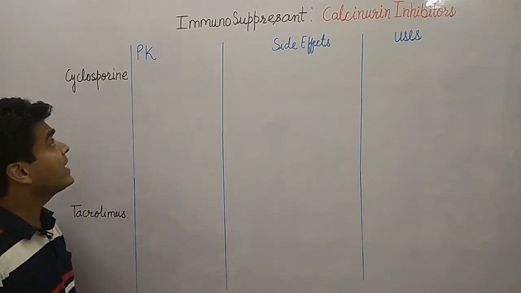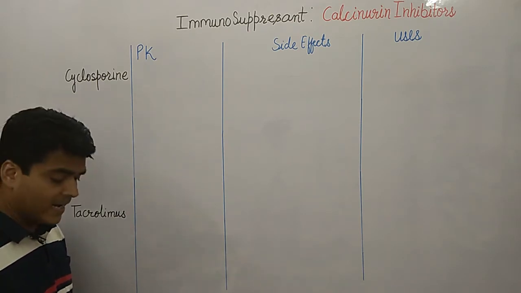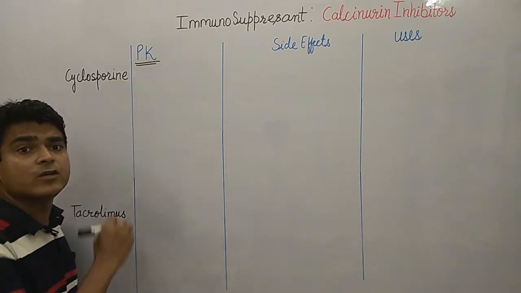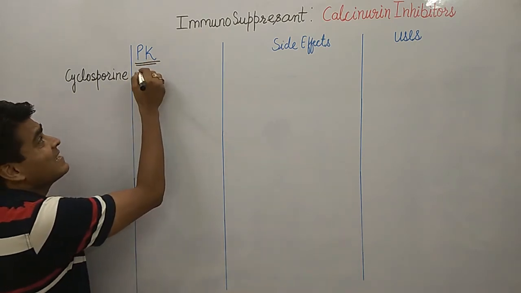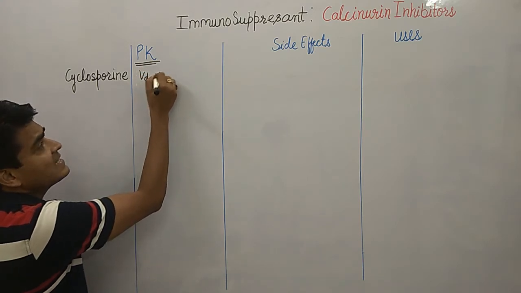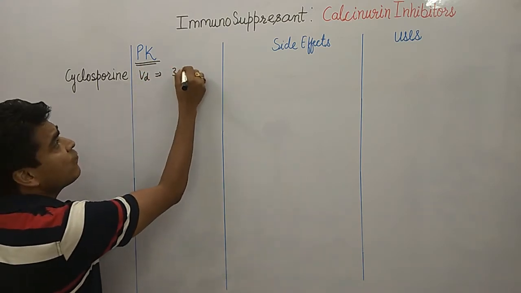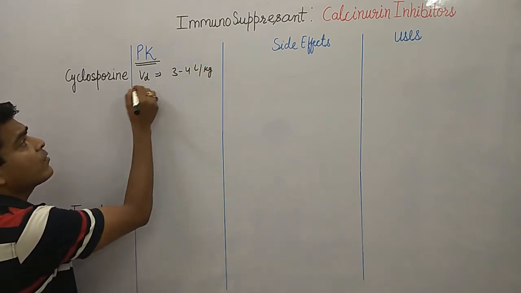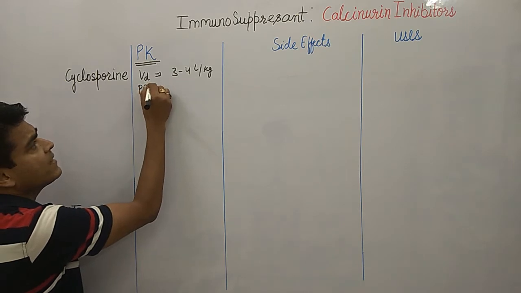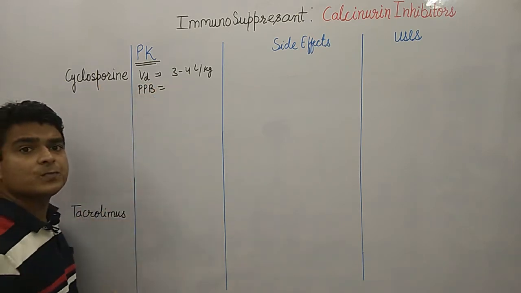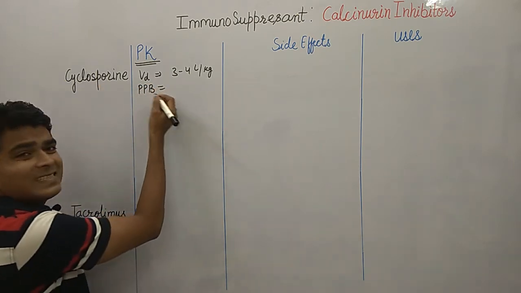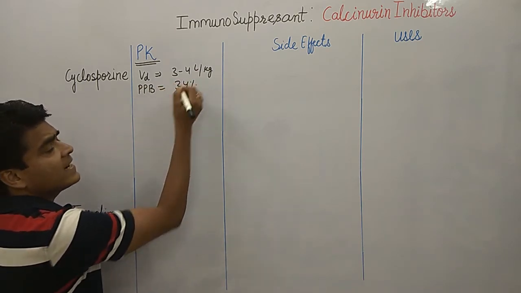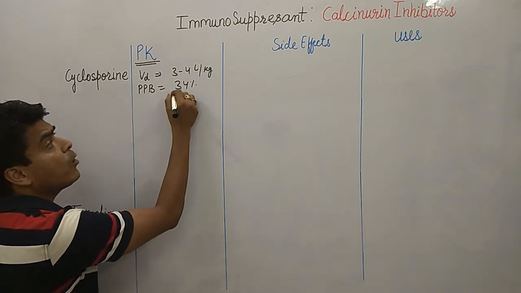What are the pharmacokinetic parameters of cyclosporin? First, the volume of distribution of this drug is 3 to 4 liter per kg. The plasma protein binding is around 34%, binding with the lipoprotein.